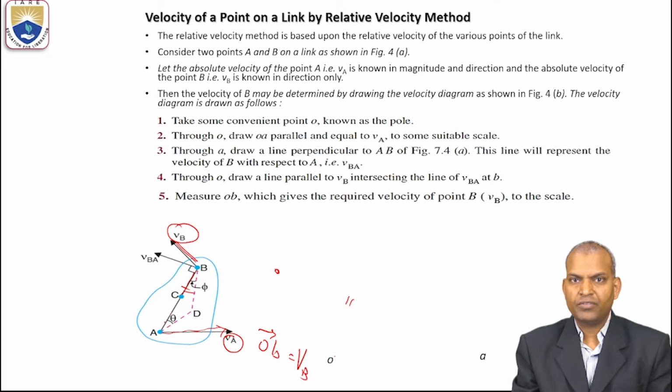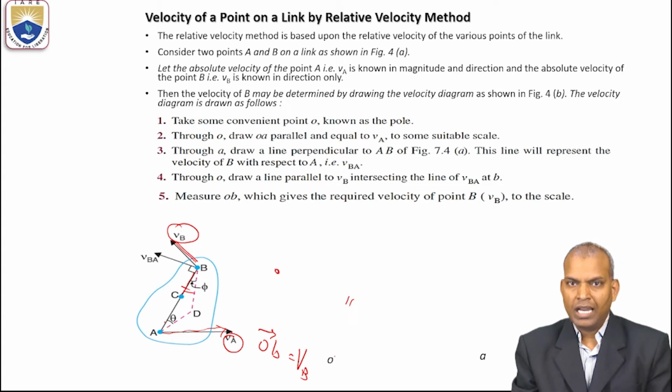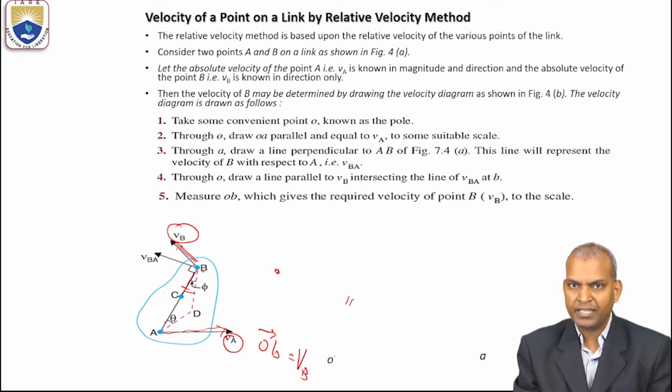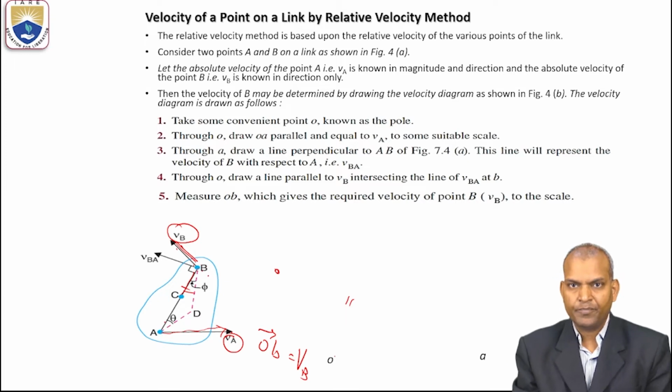Let the absolute velocity of the point A, VA, be given in both magnitude and direction, and the velocity of the point B have direction only. We have to find out the magnitude of the velocity of the point B.